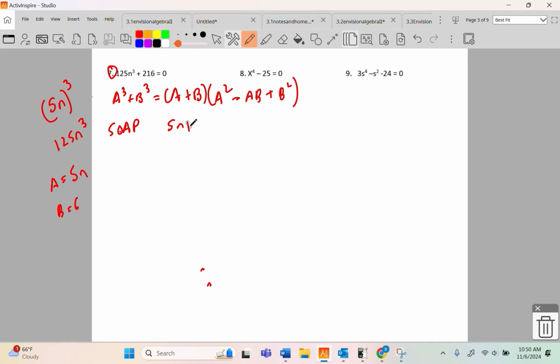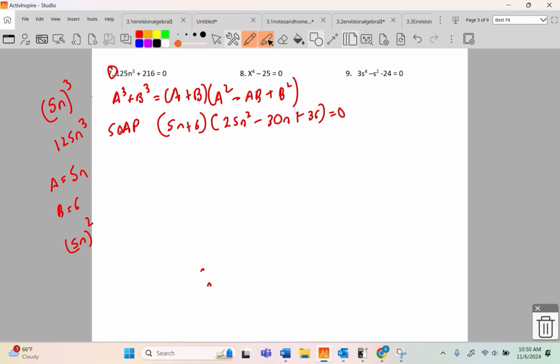This is 5n plus a 6. Here we have a 5n that's squared. Think about 5n squared. It's 25n squared, minus 5n times 6, 30n, plus 6 squared, 36. And we're equal to 0.